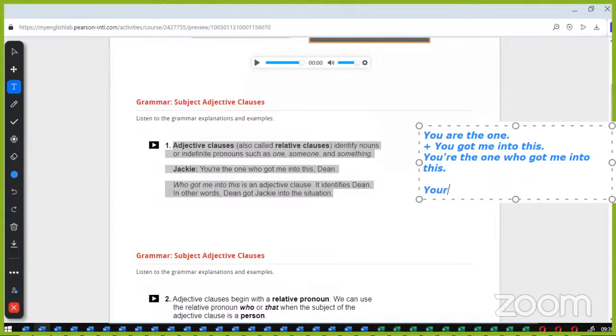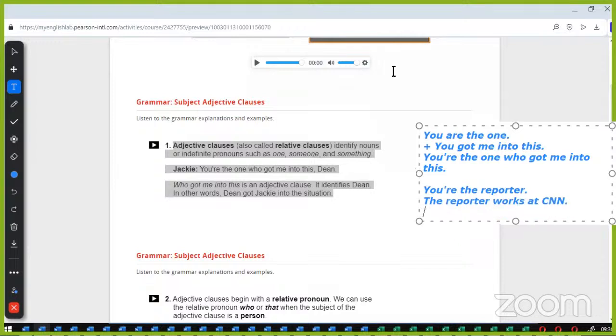Or if we say, I don't know, you are the guy or the reporter, the reporter works at CNN. How would you combine these two?